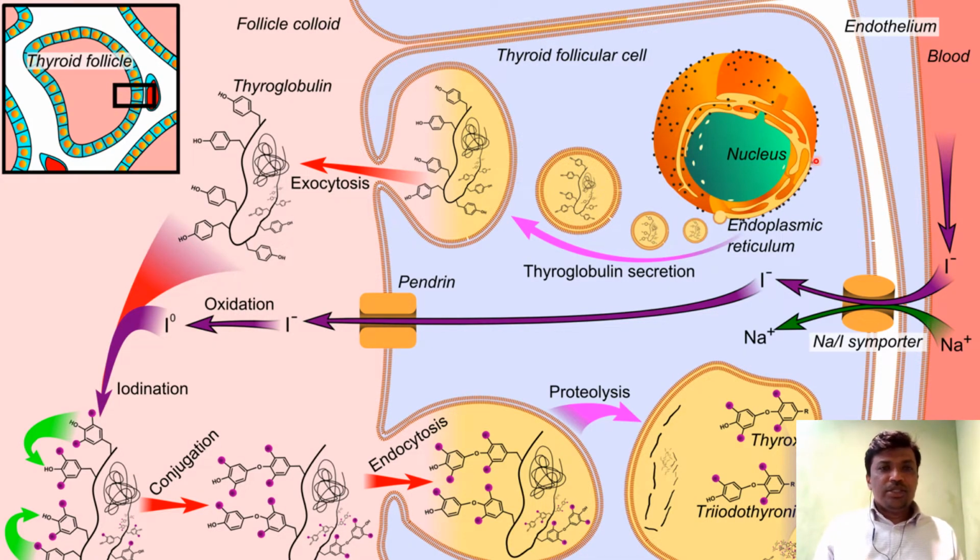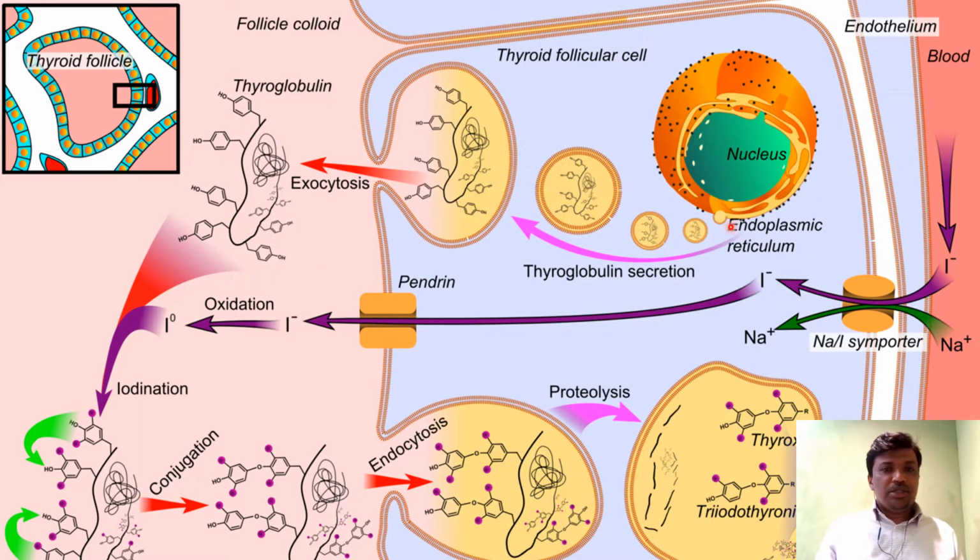So the thyroid has got particular cells called thyroid follicular cells. This is where the thyroid gland actually produces its hormone. There is a sodium iodine symporter which transfers sodium and iodine both into the cells, which goes into the colloid inside the thyroid follicles and gets oxidized.